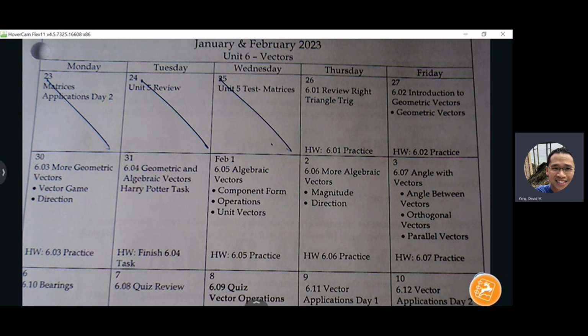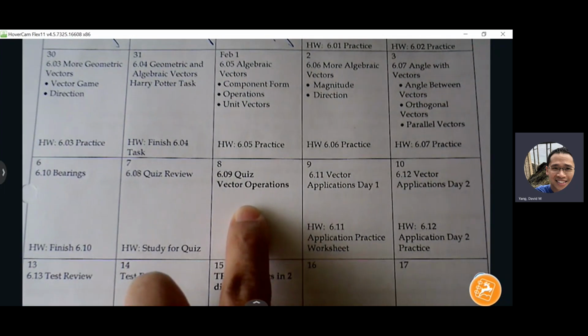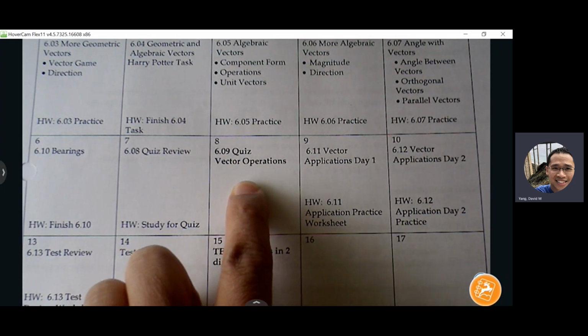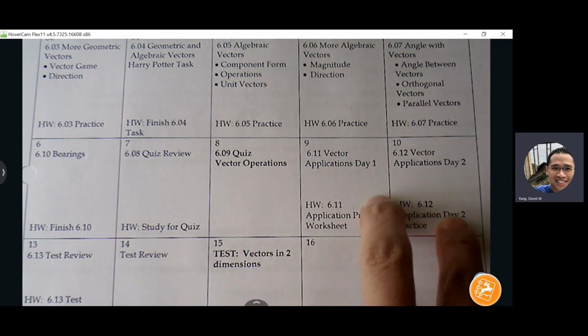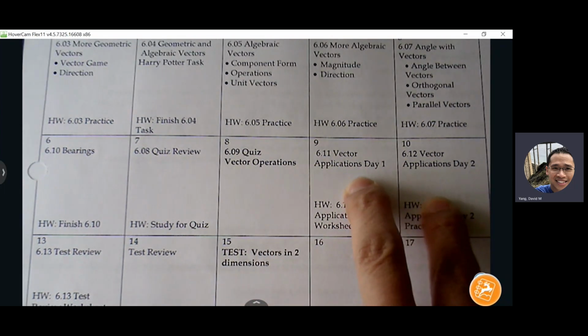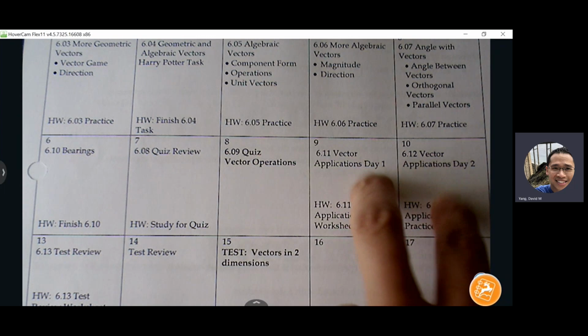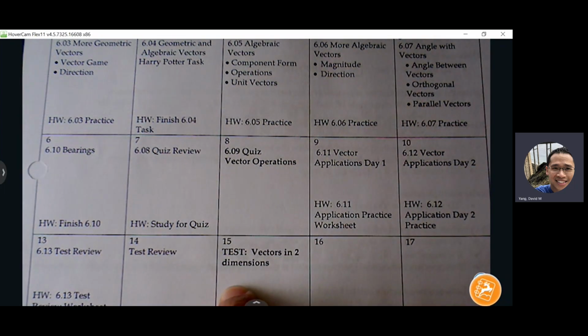No quiz next week, but the following week we'll have a vector quiz on vector operations, and again it's going to be the word problems. It's going to take a little bit of time. The last thing that we do, and then the test is on the 15th of February.